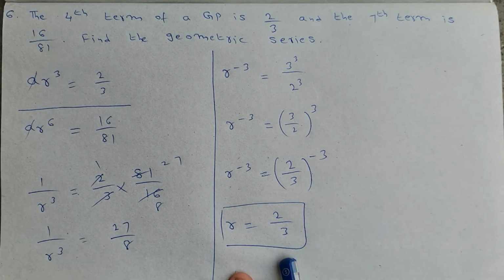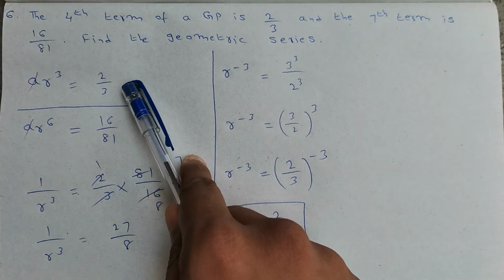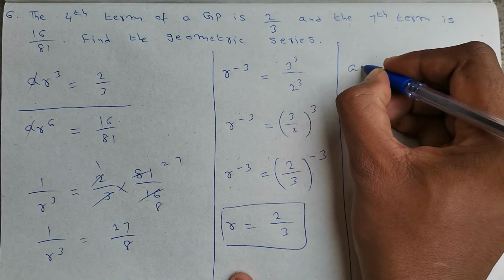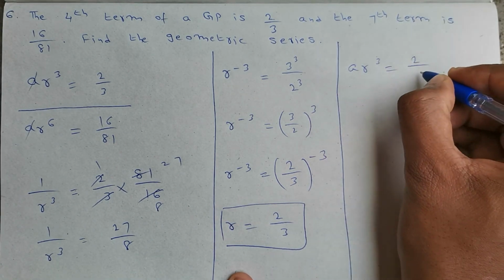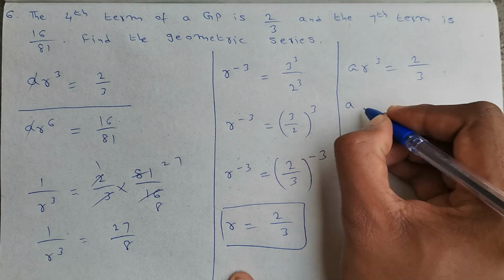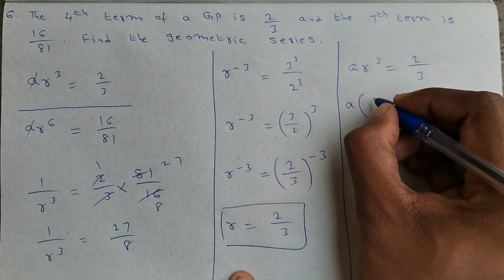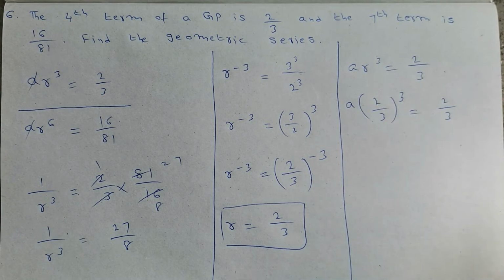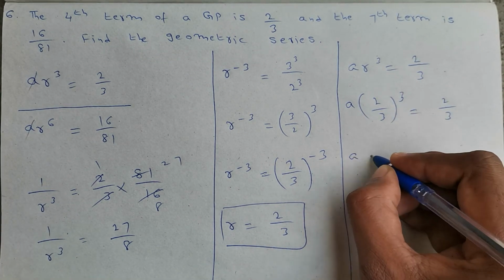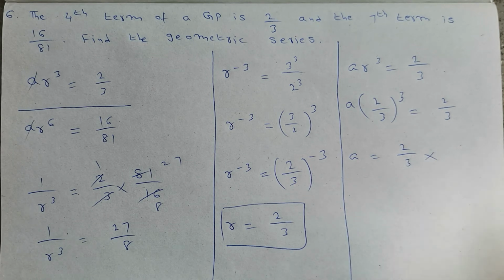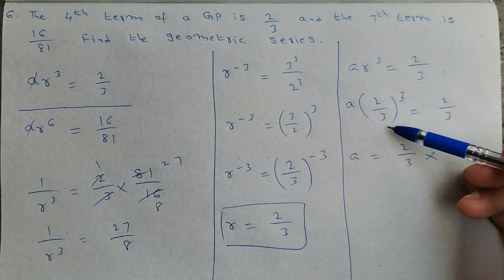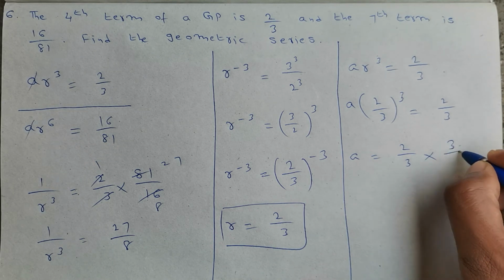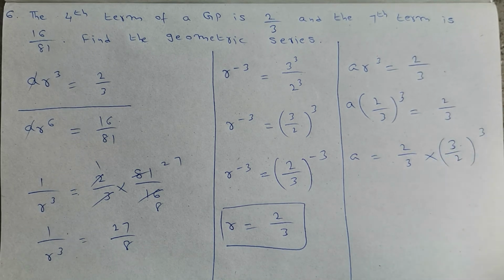Now this R value we can substitute either in the first equation or in the second equation. I am taking the first equation. A R cube is equal to 2 divided by 3. A value we don't know, into R value 2 by 3 whole power 3, is equal to 2 by 3. So A is equal to 2 by 3 into, taking 2 by 3 whole power 3 to the other side, it becomes the reciprocal 3 by 2 whole power 3.